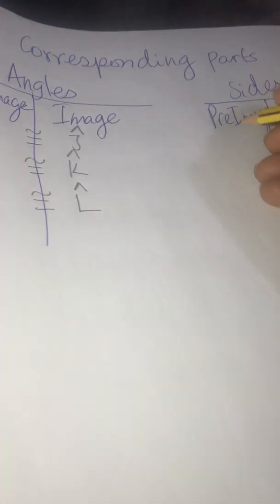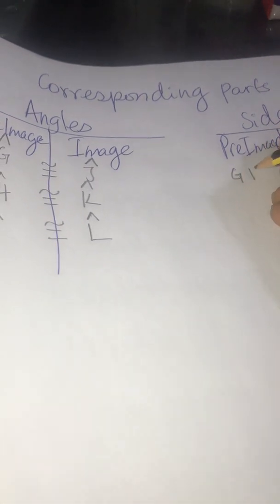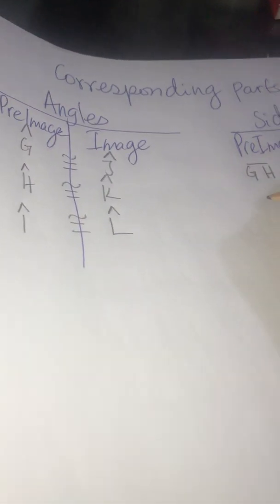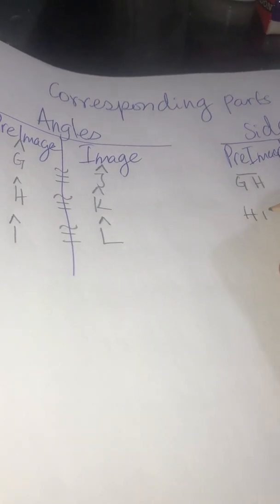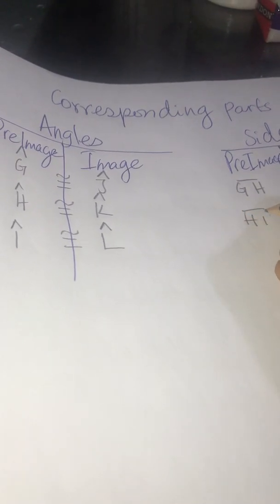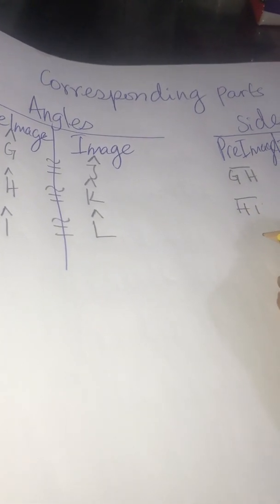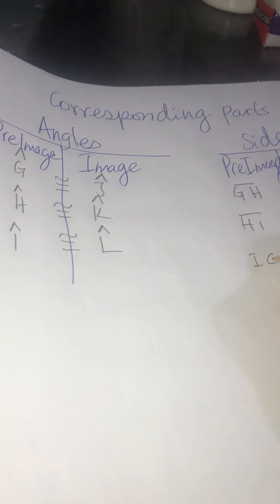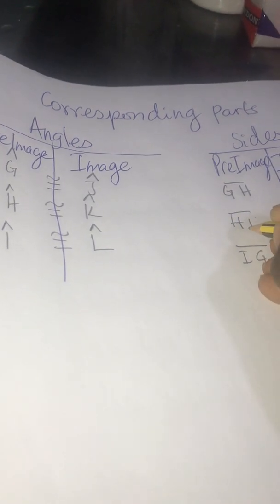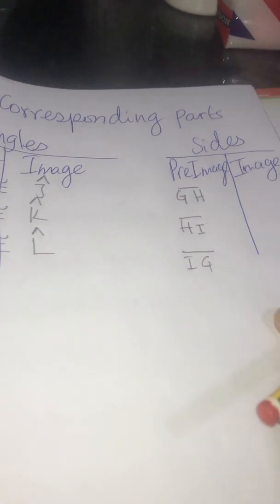Now I need to do the sides. So I can do GH, HI, and IG. Okay?